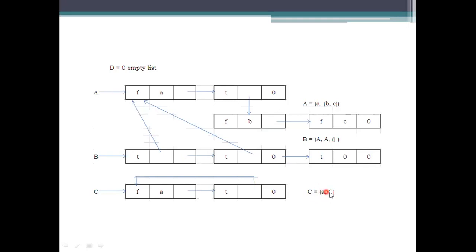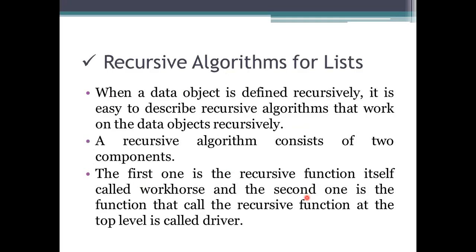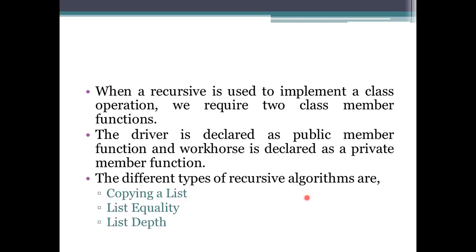At this place C has been considered as a workhorse, and at this place C has been considered as a driver. And we need to create the two class functions for that workhorse and then driver here. What are the access specifiers for this workhorse and driver? The workhorse is to be considered as private, and then the public function will be the driver here.